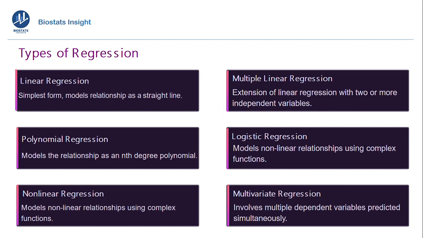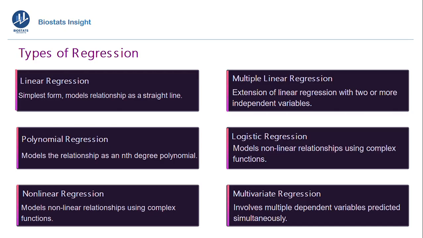Now, types of regression. There are multiple types available, like linear regression, polynomial regression, non-linear regression, multiple regression, logistic regression, and multivariate regression. The most important are linear regression, multiple linear regression, logistic and multivariate. Linear regression is the relationship between two variables in a straight line, which is known as a linear relationship.